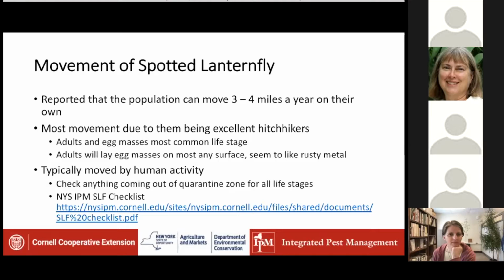The adults and egg masses are the most common stage to hitchhike on inanimate objects, and they can lay their egg masses on most any surface, tree trunks, and they seem to like the texture of rusty metal, but really, again, anything is possible.